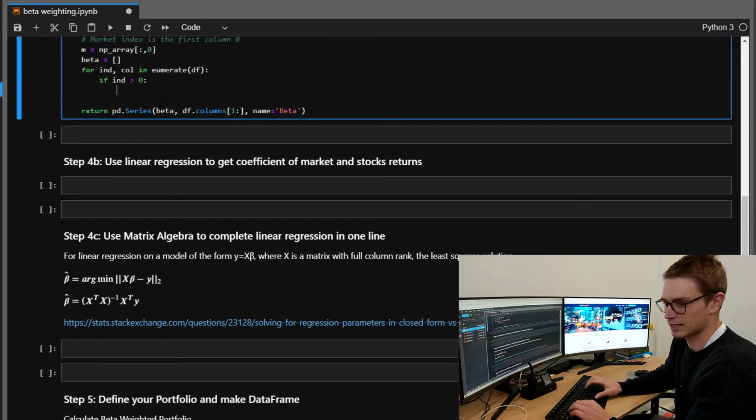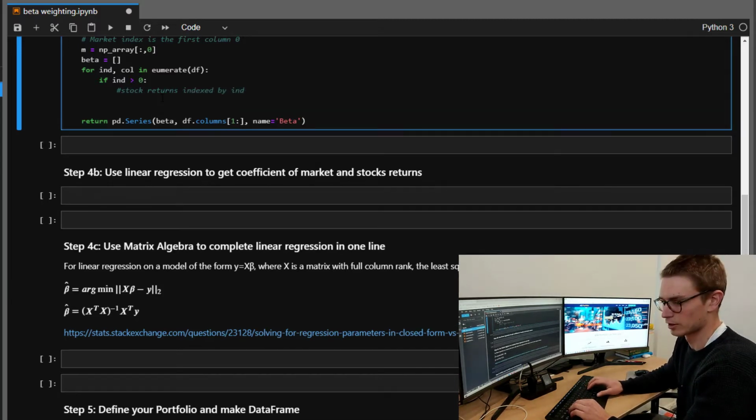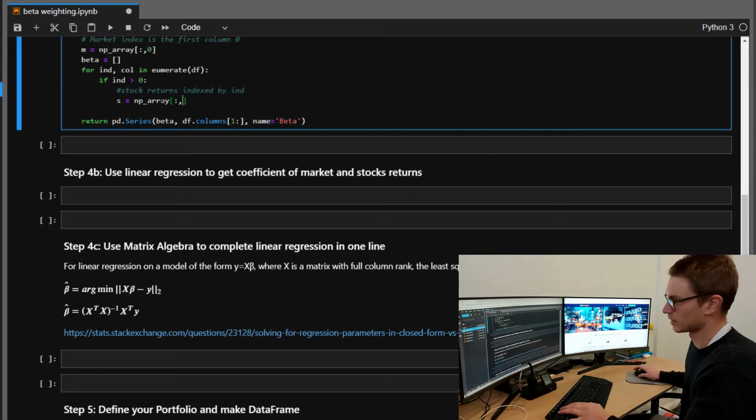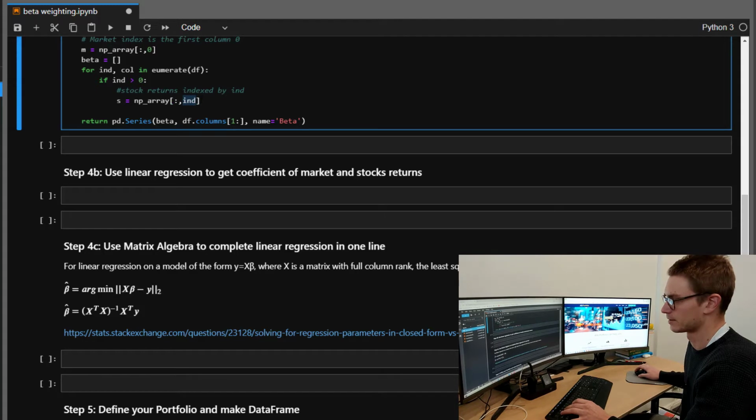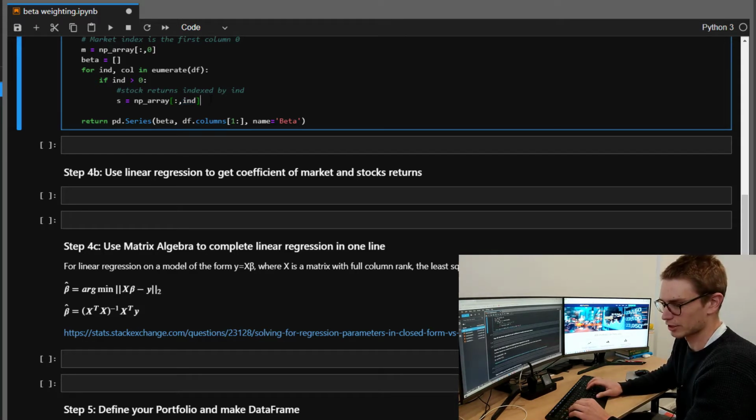So if index is greater than 0, then we want the stock returns indexed by this ind. So let's go stock returns s equals numpy array, and similar to how we got the market index here, we'll just index by ind to get the correct stock information.